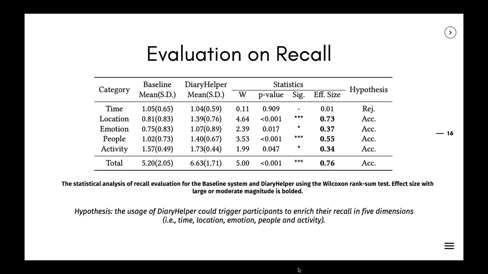We can observe that, except for the time, there is a significant increase of recall quality in the 4 dimensions when using DiaryHelper. One possible reason is that participants tended to record an event immediately when they thought an event was interesting to record. So the temporal information captured by DiaryHelper was similar to that captured in the baseline system.